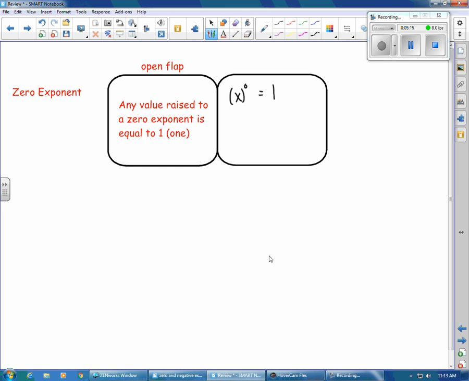I could have 3x to the second power all raised to the 0 power, that's going to equal 1. That's not as complicated as the one that we had in class. But anytime something is raised to the 0 power, regardless of how complicated it might be, it's going to be equal to 1.